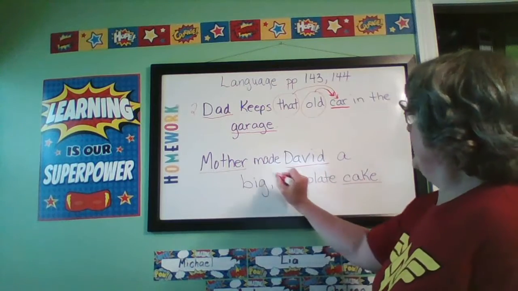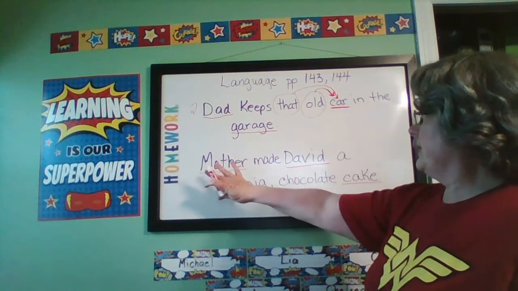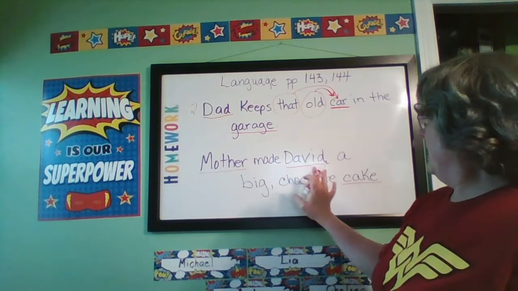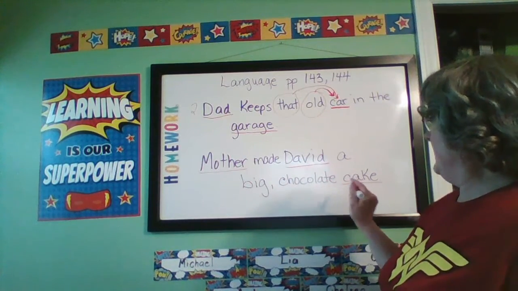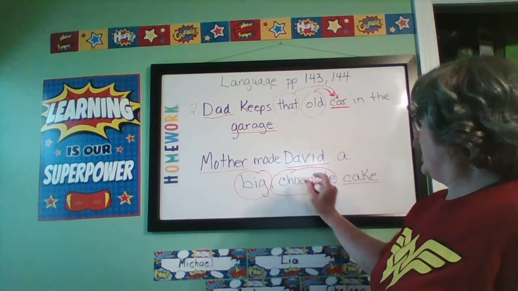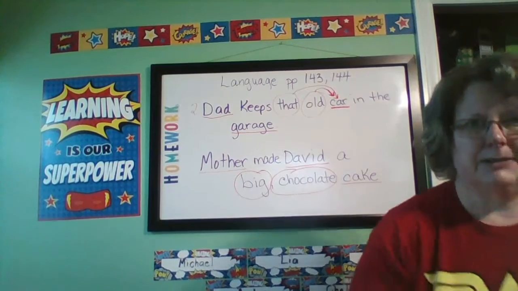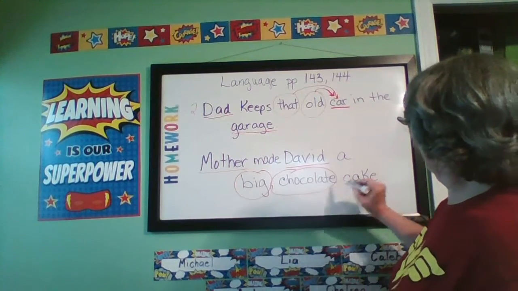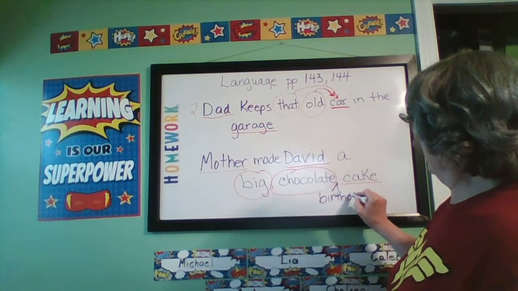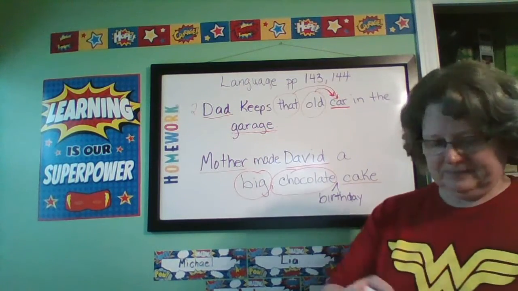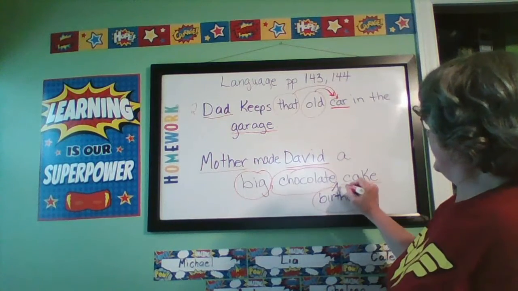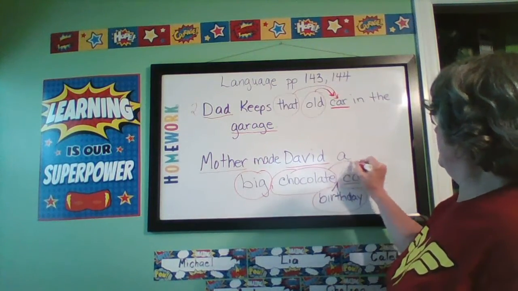All right? So I have no words that are describing mother, no words that are describing David. However, I do have words that are describing the cake. So big, chocolate, and birthday all describe the cake.